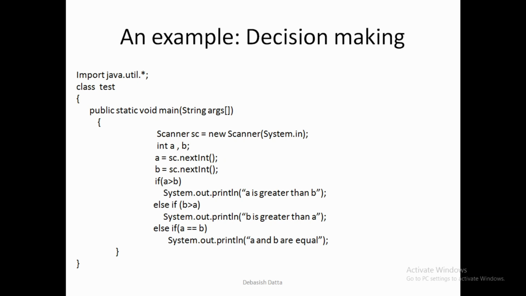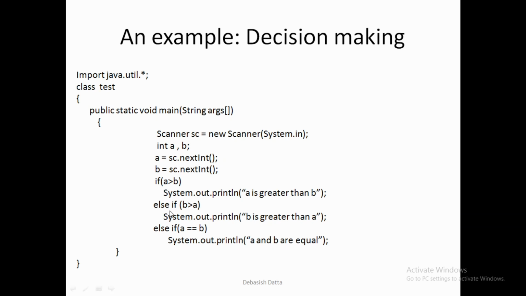Whenever this becomes true, the corresponding action with this decision gets executed, and the message B is greater than A will be displayed on the computer screen. And as soon as this message is displayed, the rest of this decision making structure will be skipped. So A and B are equal will not be displayed on the screen.